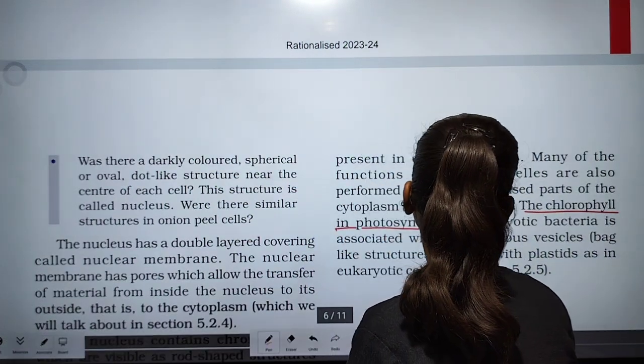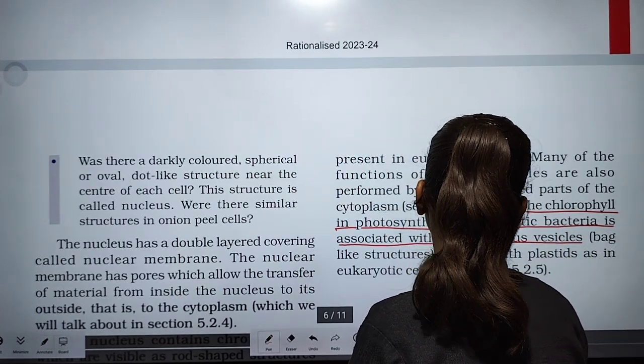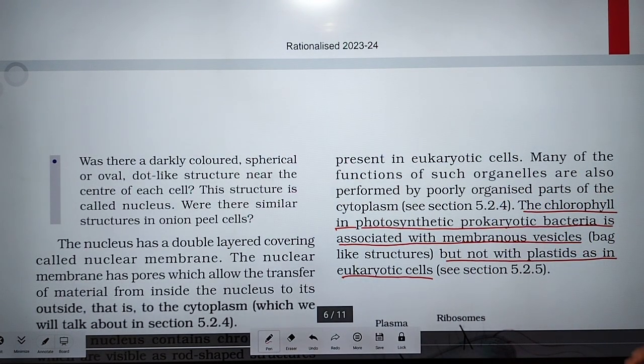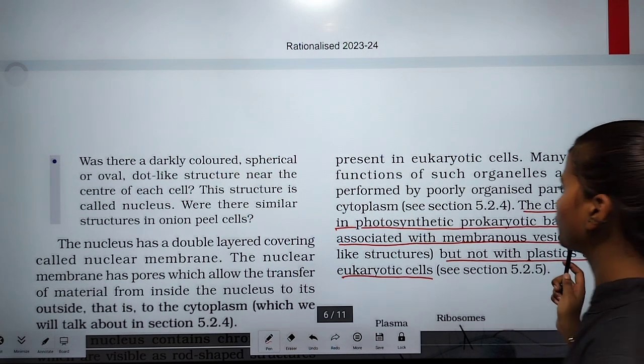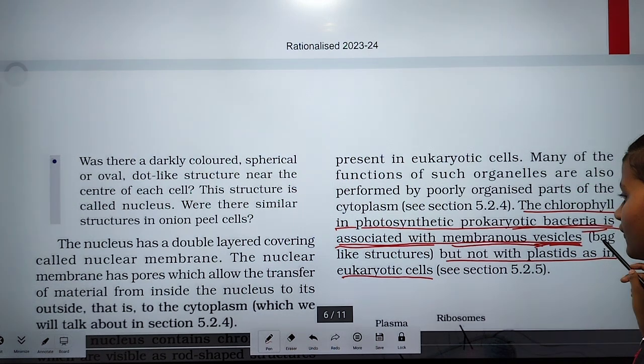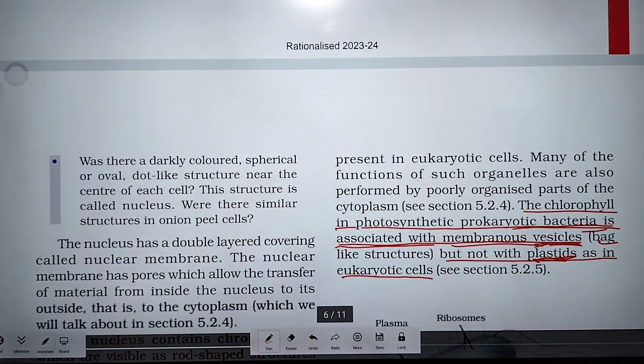The chlorophyll in photosynthetic prokaryotic bacteria is associated with a membranous vacuole, a bag-like structure, but not with plastids as in eukaryotic cells. Plastids are present in plant cells and help to do photosynthesis.